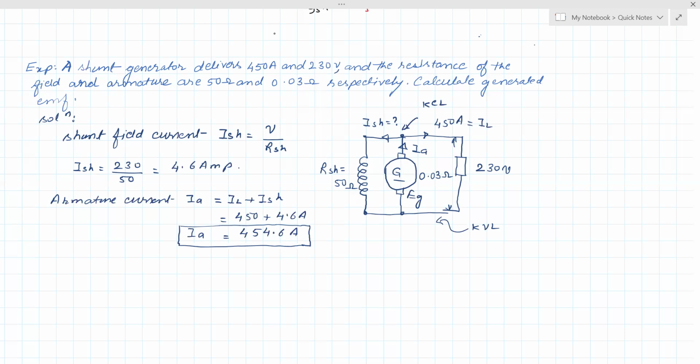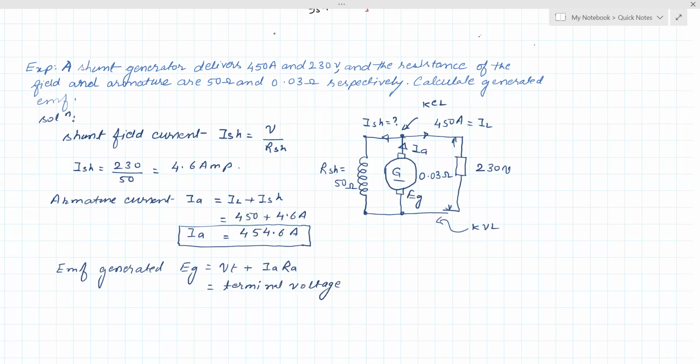So the EMF generated EG is equal to the terminal voltage plus the armature resistance drop. So it is the terminal voltage.